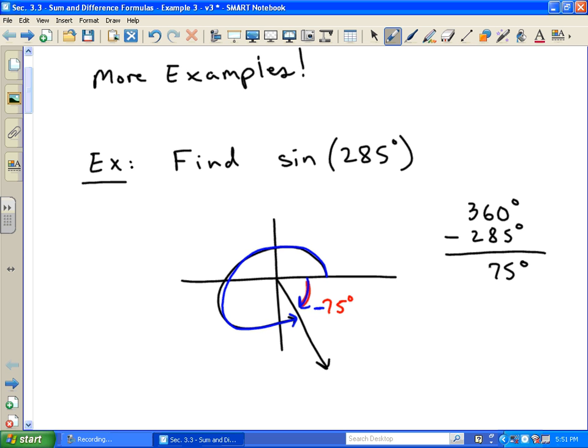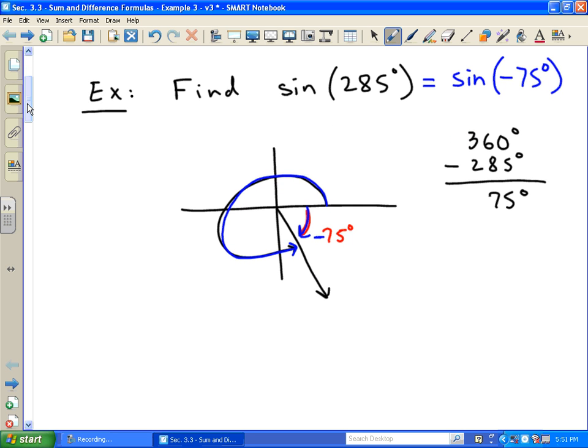So when you have big angles, see if you can rewrite that big angle as a smaller negative angle. This will work sometimes. We can rewrite the sine of 285 degrees as the sine of negative 75 degrees because 285 and negative 75 degrees are coterminal angles. So that's our first step on this particular problem. There's more than one way to work these, but we have to start somewhere.